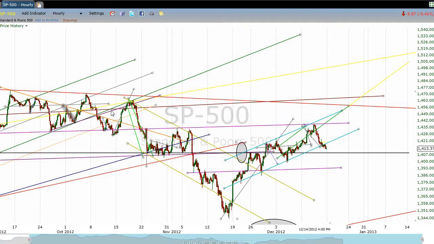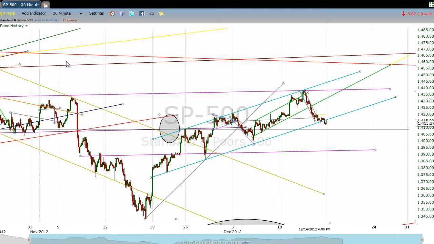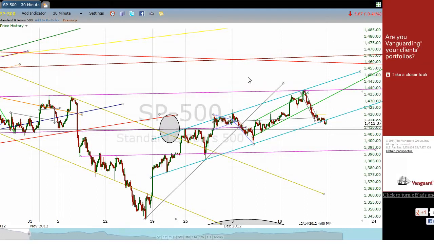So anyway, you can see how broad that was, and then to come out of that and then just make this skinny little channel right here, you know, sometimes you see that, but more often you'll see something with a little bit more breadth to it.